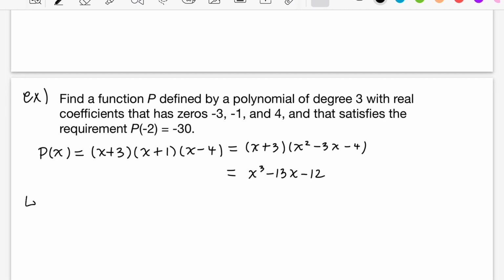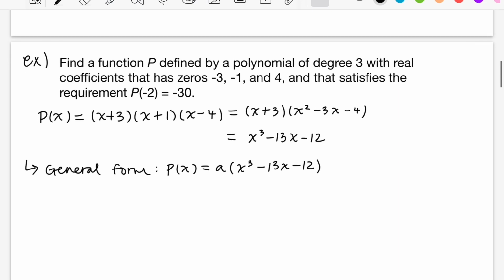Alright, and just like we saw in the last example, the general form of this polynomial, which also satisfies these conditions, is going to be this here. And we'll do the same thing. We'll evaluate our polynomial at minus 2 and use the fact that its output is going to be minus 3 to solve for a.